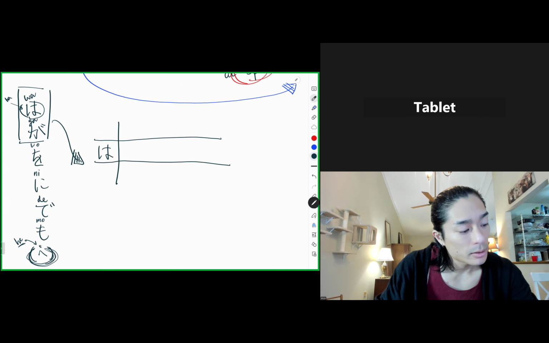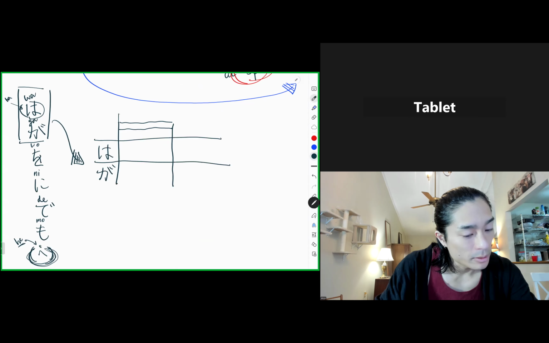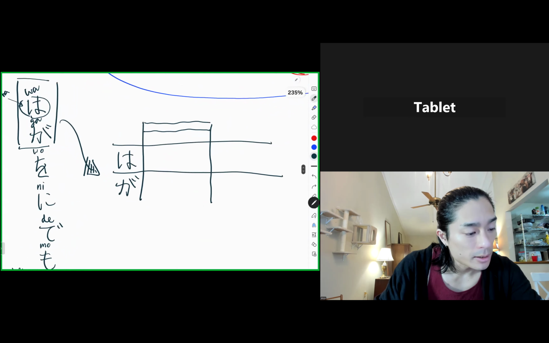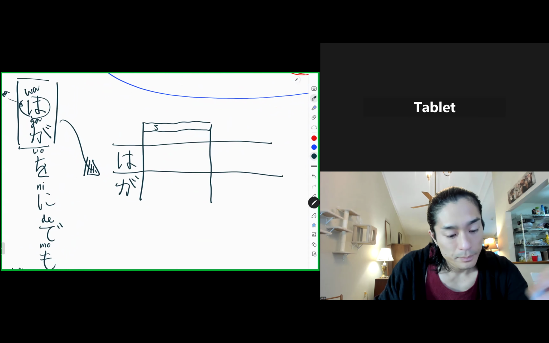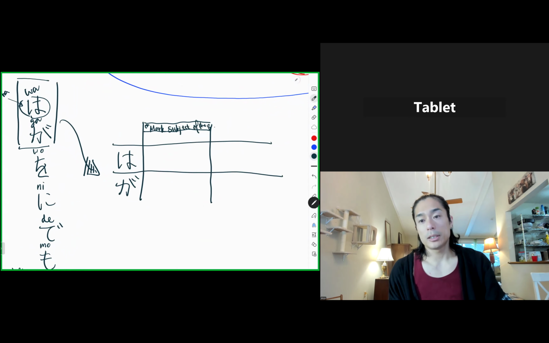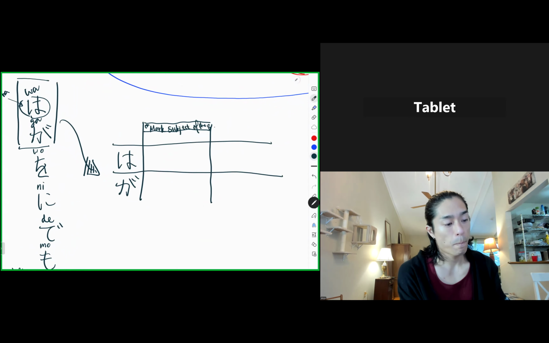There is a function that both particles have. And that is, mark the subject of the sentence. Mark the subject of the sentence. Okay?